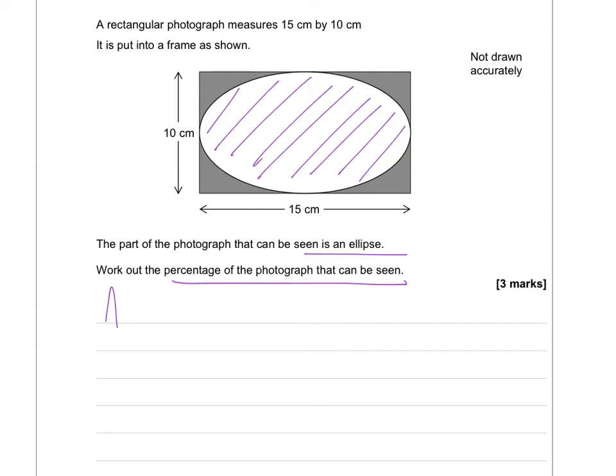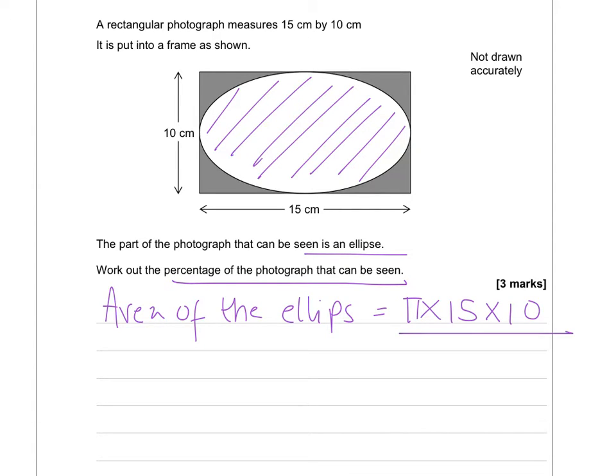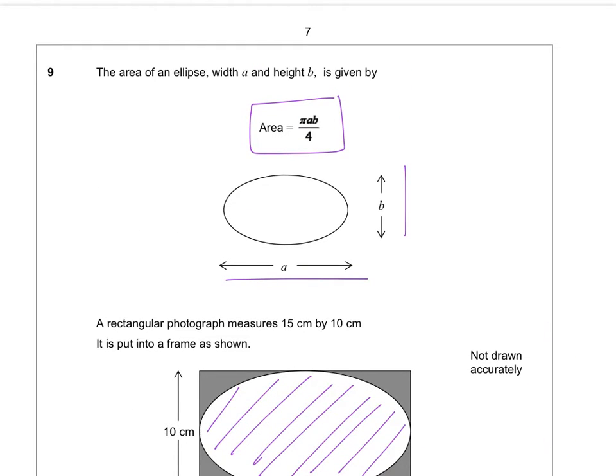So the area of the ellipse is equal to pi multiplied by 15 multiplied by 10 and then divided by, if we look at the formula again, divided by 4.